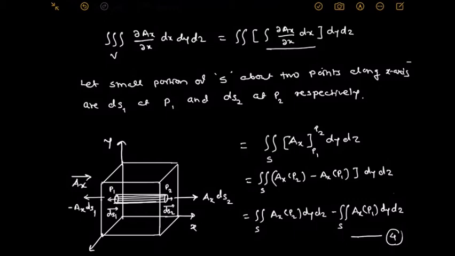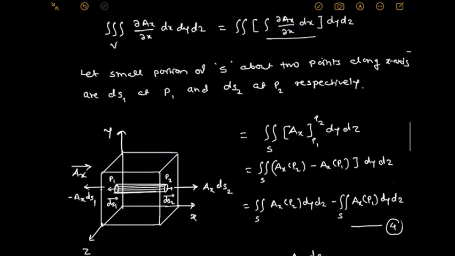We write the two terms separately: surface integral of Ax at P2 dy dz minus surface integral of Ax at P1 dy dz. Now, what is Ax at P1?